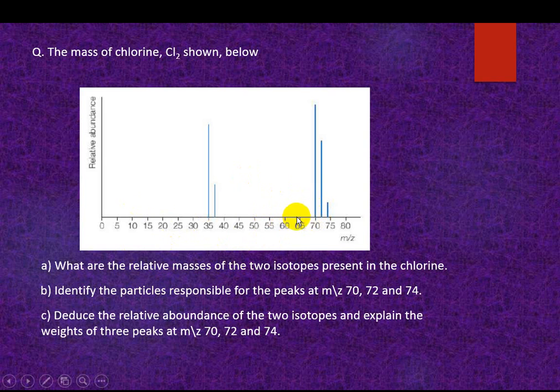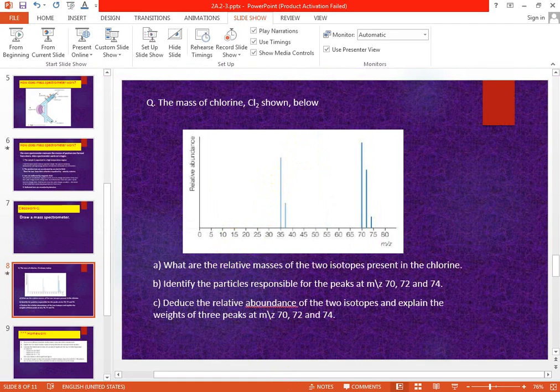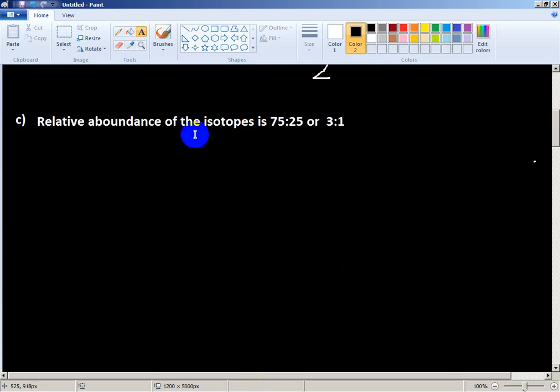Two 35s give 70. So what is the chance of two chlorine-35 atoms together? Chlorine 35 and chlorine 37 have a total of 4 parts: 3 is for 35 and 1 is for 37.